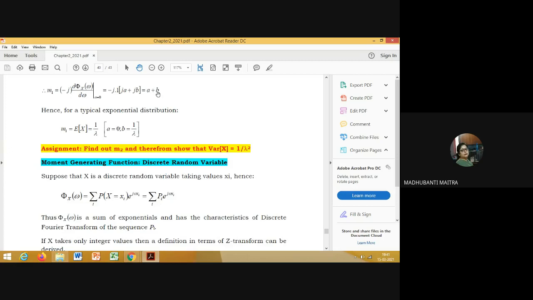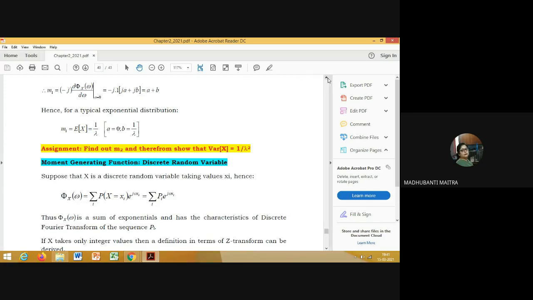Got this? So that means with the help of this example, we have already computed the mean, the expected value of the exponential distribution, which is a continuous distribution, a distribution of a continuous random variable. So this is the expected value.